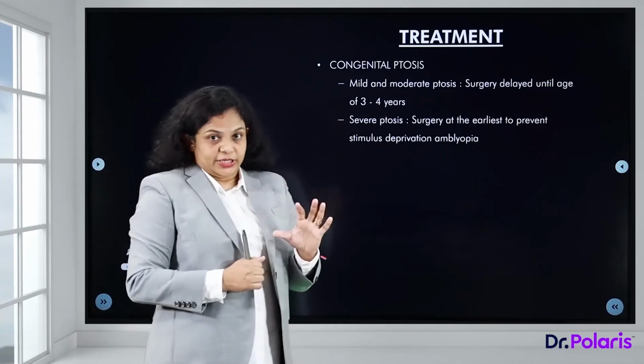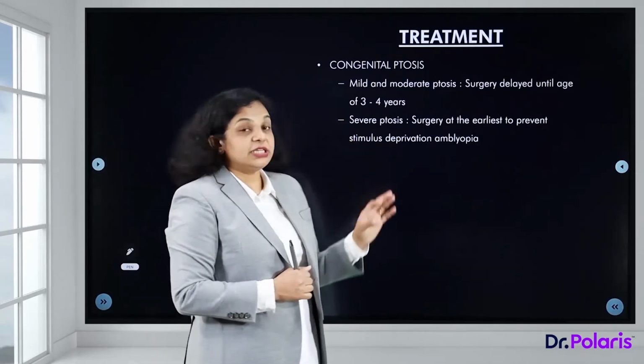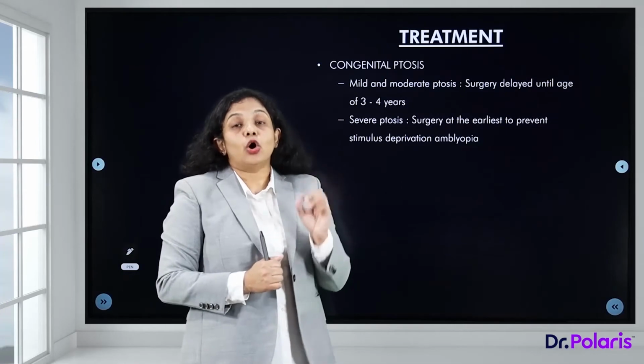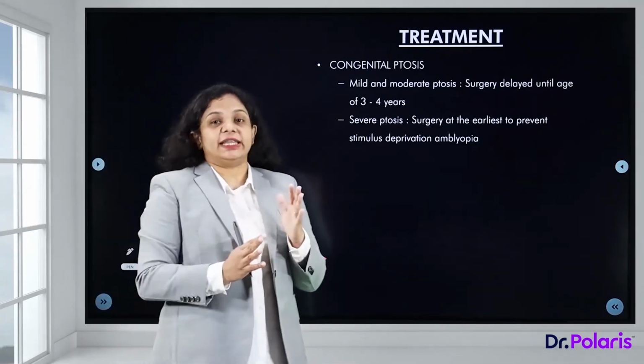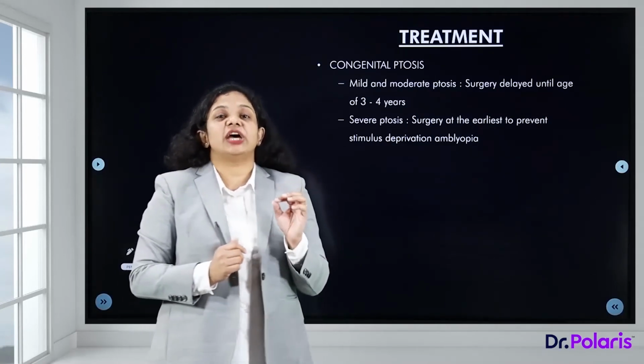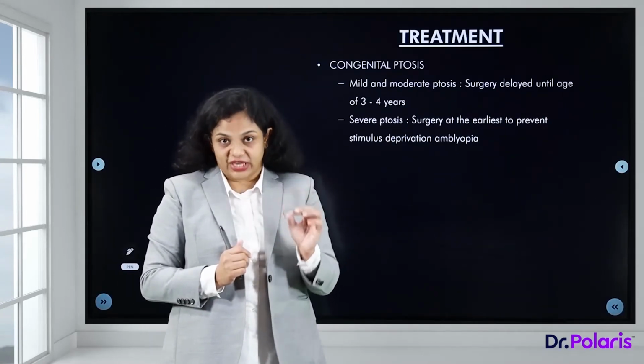So what is the treatment? If it is a congenital ptosis of mild or moderate degree, the surgical treatment can be delayed till the child becomes 3 to 4 years of age.